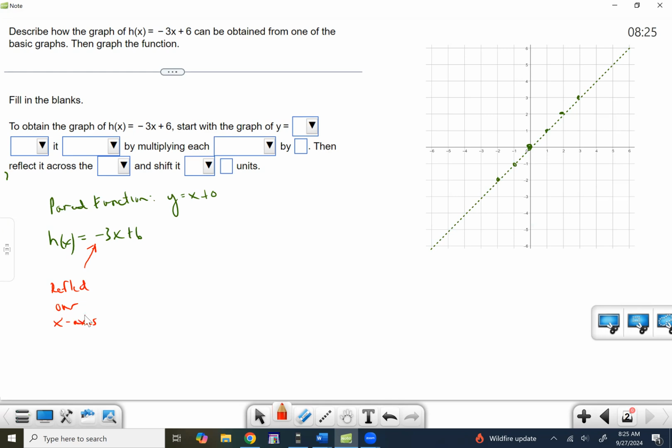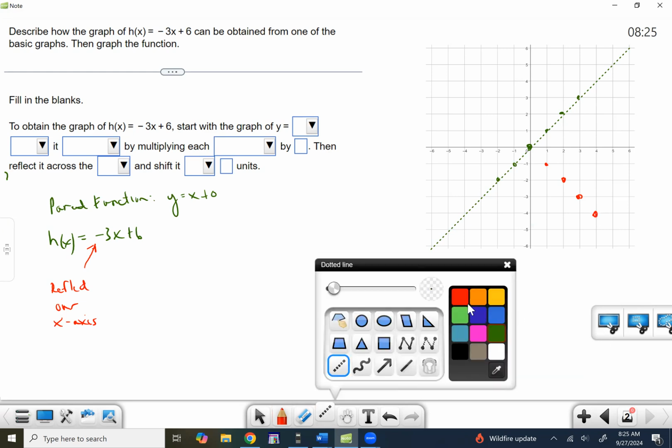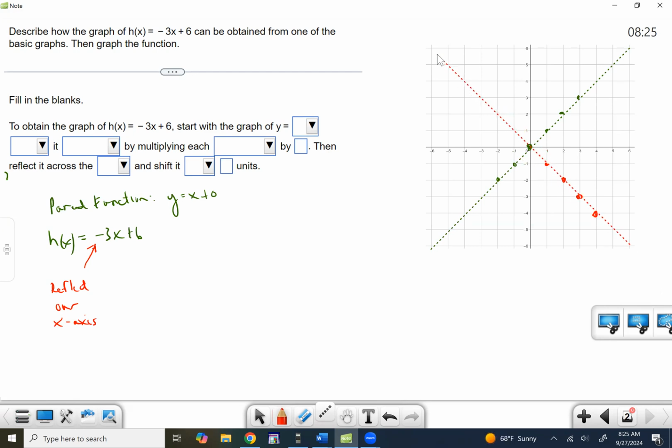So I'm going to go ahead and take all these points and reflect them over the x axis. 3 spaces, 3 spaces, etc. 4 spaces, 4 spaces. And that's enough for us to see at least what this is going to look like. So let me go ahead and just draw it. So that's actually going to be y equals negative x.